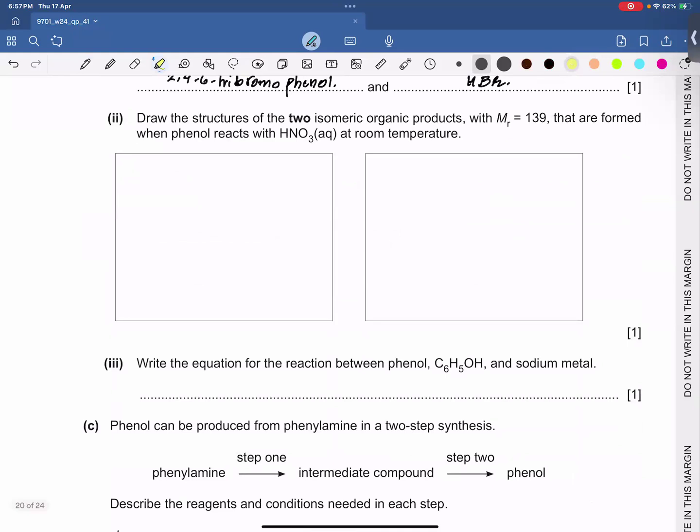Draw the structure of the two isomeric organic products, which has an MR of 139 when phenol reacts with nitric acid at room temperature. By the way, phenol has OH group, which is an ortho-para directing group, so it increases the electronic density on both ortho and para position. Ultimately, nitration takes place, and so you will get two different products. The first one is ortho product, in which NO2 is attached to either second or sixth carbon atom, because second and sixth both show ortho.